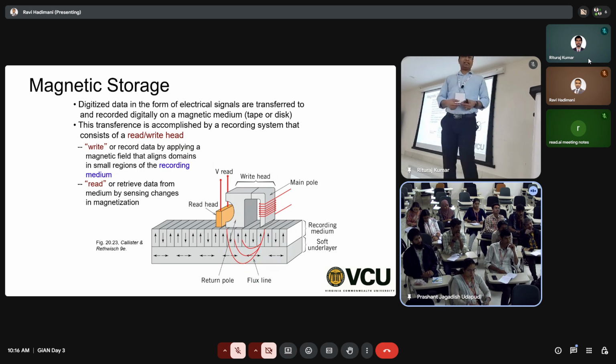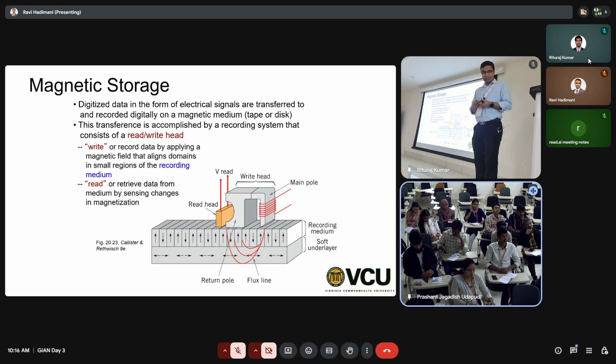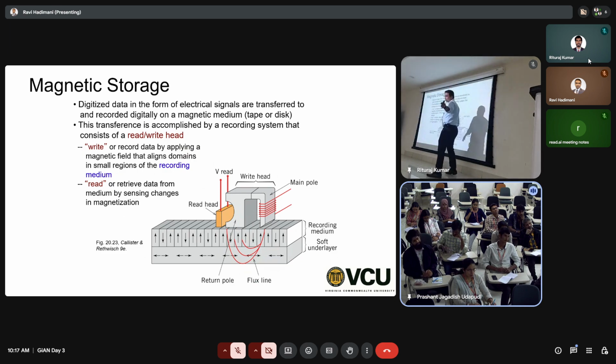How will particles sense? So the particles align, but then what happens? You can't see the alignment. How will you measure the alignment? So I think you are getting there, and that's one way you can build a sensor.